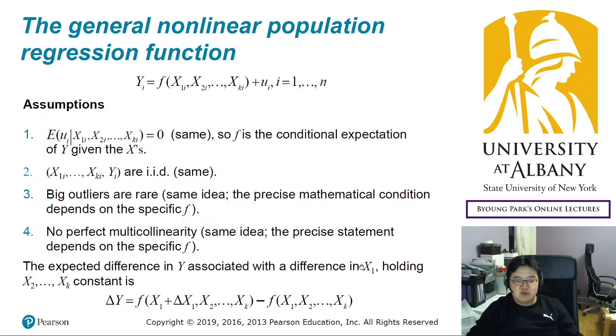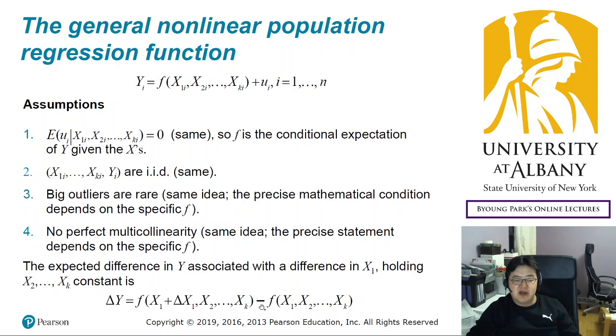Suppose you are interested in the effect of x1 on the outcome y, and suppose that x1 increases by delta x1. This triangle is the Greek capital letter delta. If x1 increases by delta x1, then y increases by delta y.